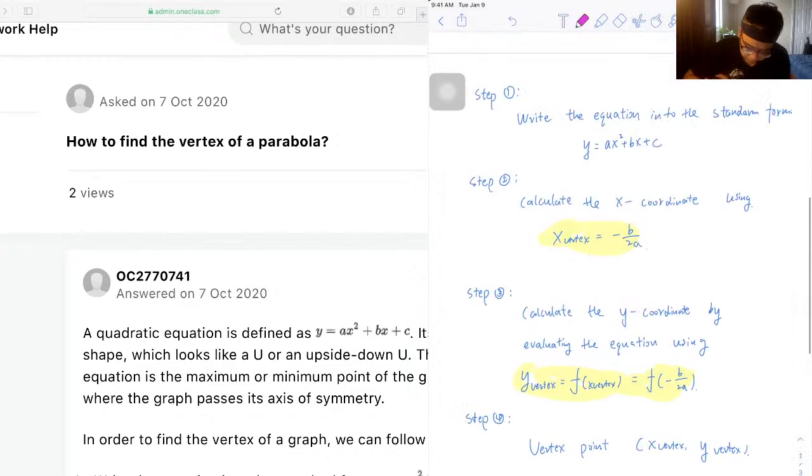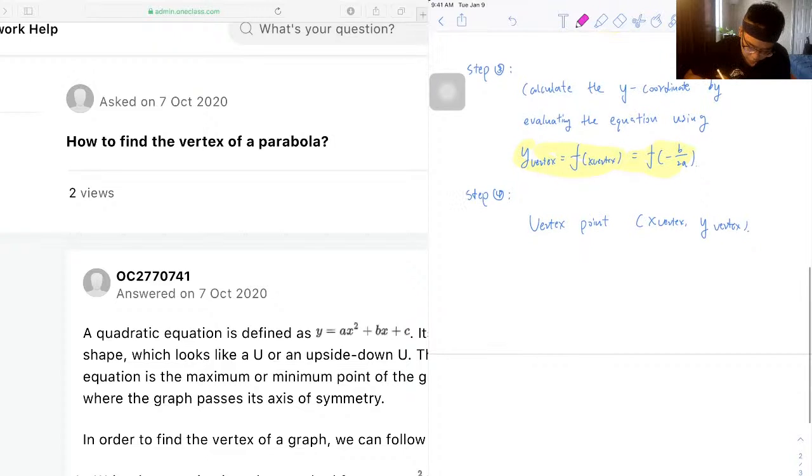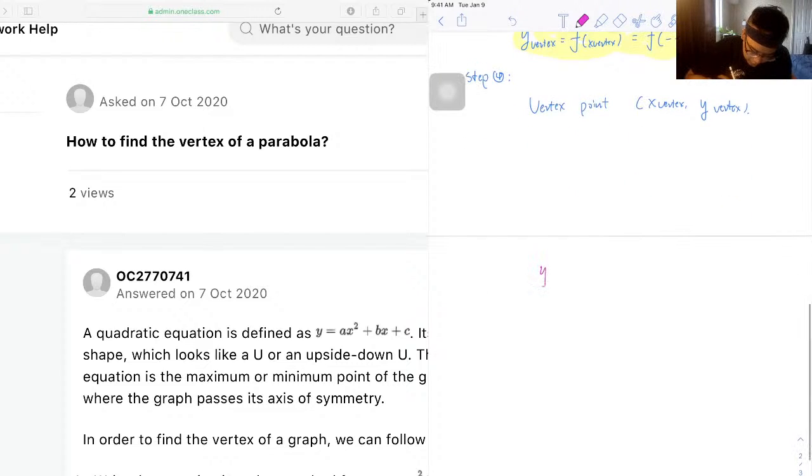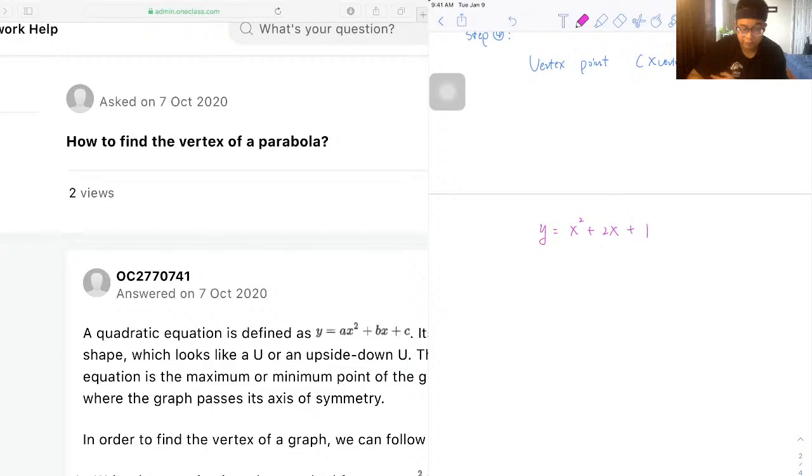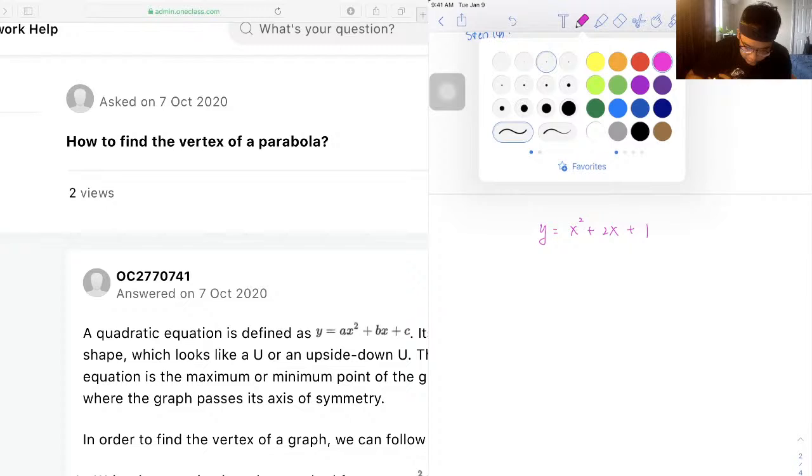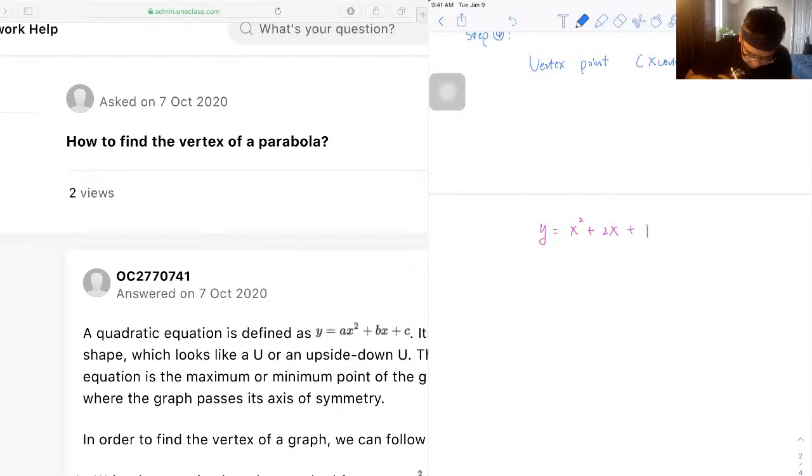Say I have a quadratic equation, y is equal to x squared plus 2x plus 1. If we want to find the vertex of this equation, first let's calculate the x-coordinate, which is given by the formula negative b over 2a.